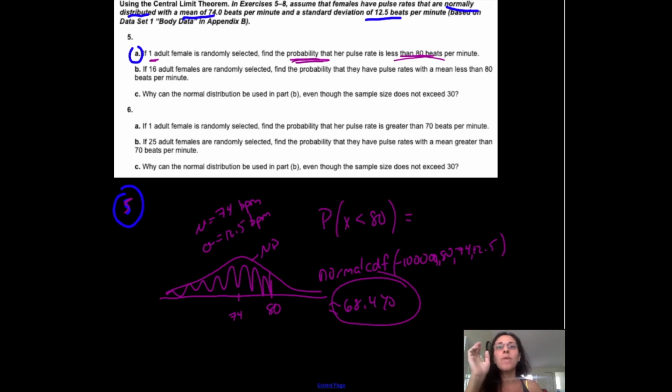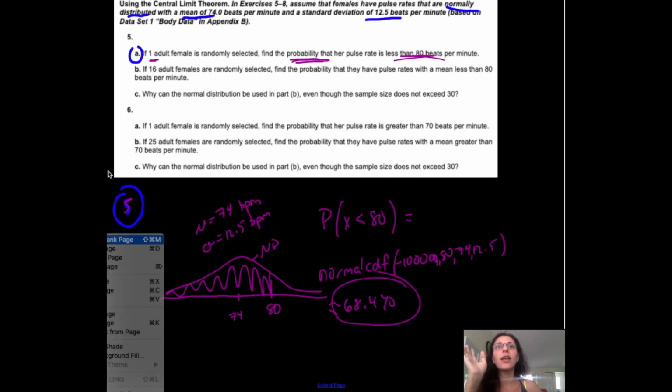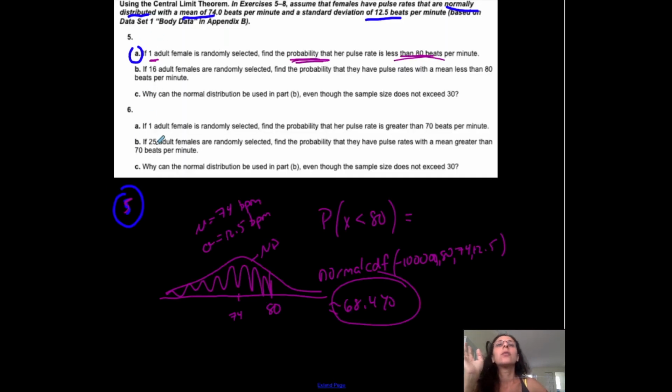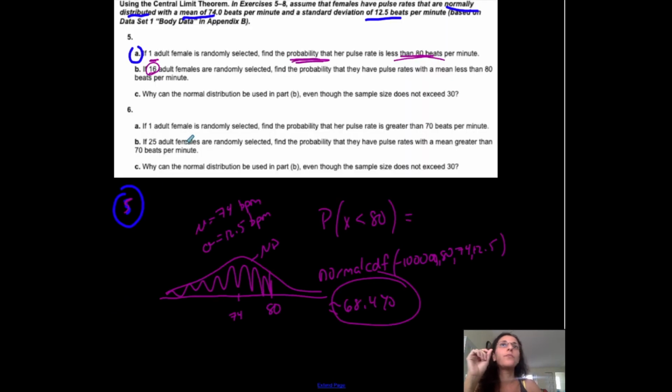Okay, now, I went through that fast, it's just 5A, because it's no different than what we've been doing. What's going to change? B, 16 females are selected from this population. So now I'm not selecting one, I'm selecting 16. So now I have a sample size n. 16 are selected rather than 1.